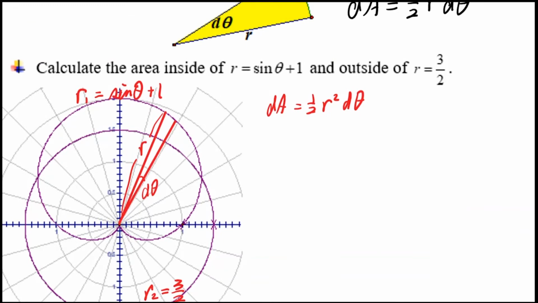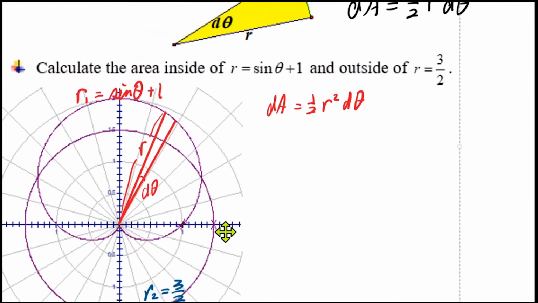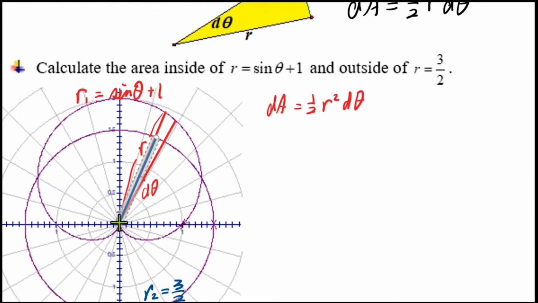So it looks like I'm going to have to draw another one with a different color. I regret not making this blue, but this is a computer. Hey, it's a blue graph. So I'm going to draw another sector here, the other one going that far. Like that. So this is R2. You get it? Where this was R1.